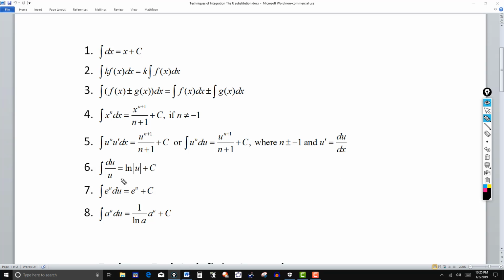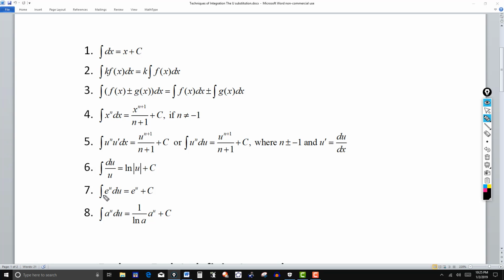And then number 6, your typical integral of du over u. Again, if this is an x over an x, this would just be an x right here. Again, I'm using this notation because we're looking at what is called a U substitution. So you have 1 over u, the integral of that is natural log of absolute value of u plus a constant.